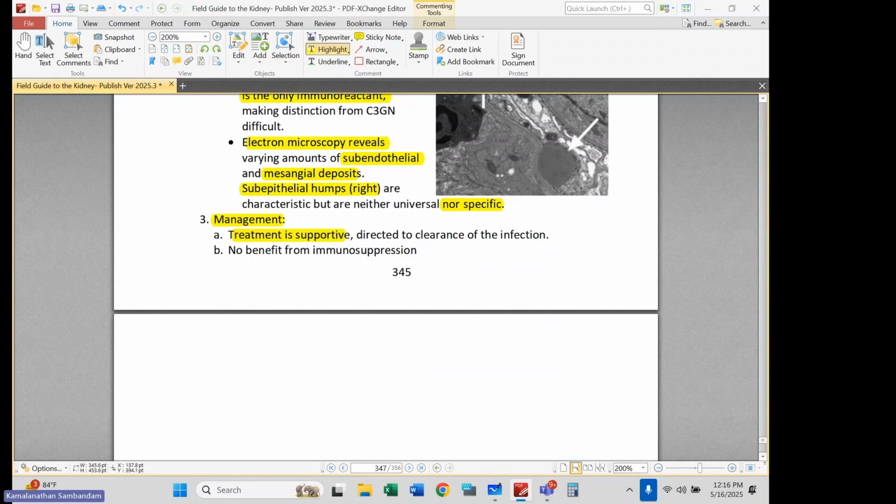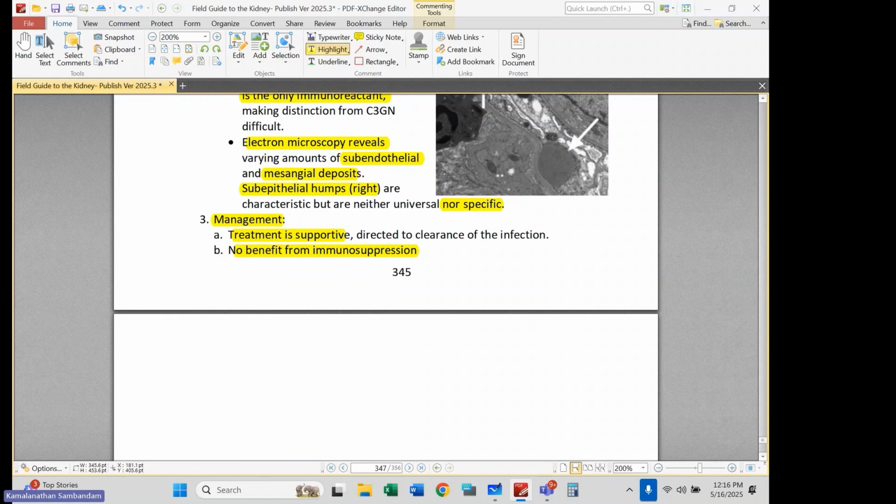Management is typically supportive, meaning you treat the infection. The benefits of immunosuppression are really not proven in the literature. That being said, I think it is pragmatic that in some cases of rapidly progressive glomerulonephritis, it's really hard to do nothing.